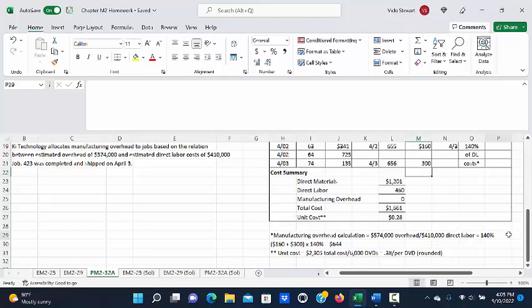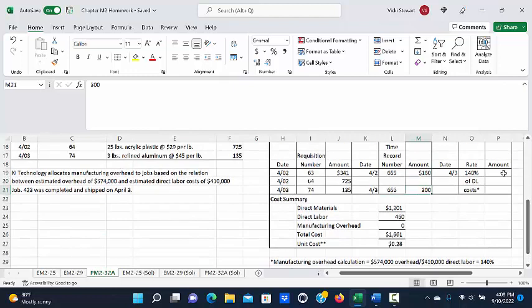So the rate of the overhead application will be 140% of the direct labor cost. So for this particular job, we had $160 of direct labor on April 2nd, another $300 on April 3rd, so that would be $460, and we would multiply that by the rate, 140%, and that would give us allocated overhead for this job of $644.